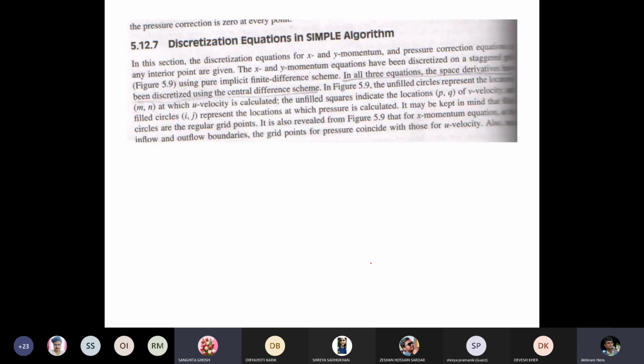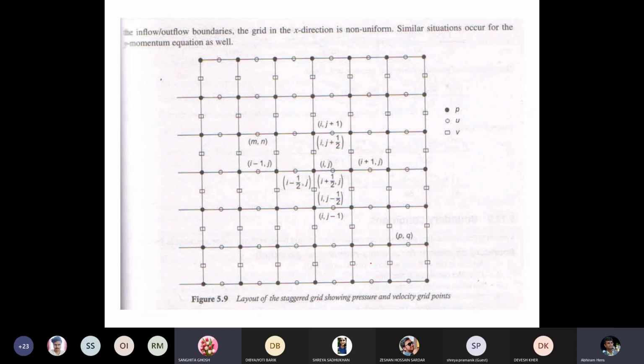Now let us see what the steps are. But before that, we will see how, using the SIMPLE algorithm, we get the discretized form of the equation, that is, the staggered grid arrangement. I have already shown that this is the cell center ij, where you will save the pressure value. For this particular point, the velocity u will be stored here at i plus half, j. This is i plus half, and this point is i plus 1.